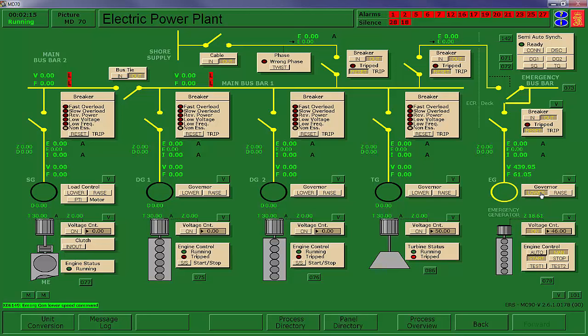Now, one of the problems here is this emergency diesel generator is supposed to have an asynchronous control. In other words, it's supposed to hold a steady 60 hertz, and it doesn't work very well. As you load up the generator, the frequency will drop.